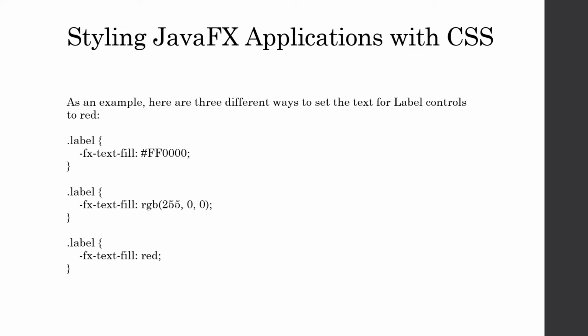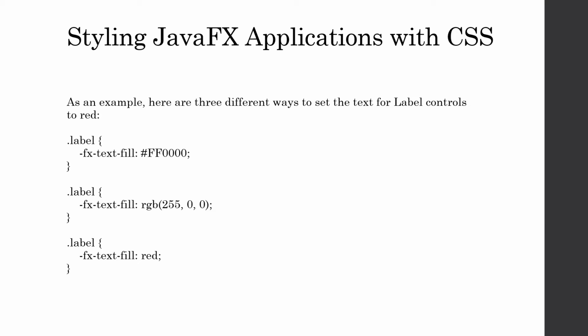In this case, for these 3 examples, these are all different ways to specify that the color of our labels, the text for it, should be red. The property that we're going to be using is -fx-text-fill. That's how we specify a color for our text and labels. The first one, we see we've got our pound symbol and then FF0000. This one's indicating that we want as much red as we can possibly put into it, and then no green and no blue.